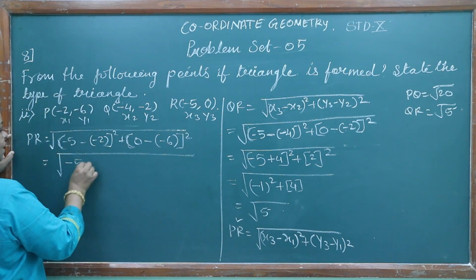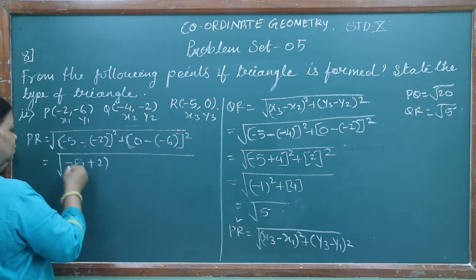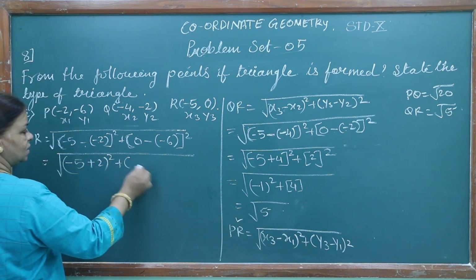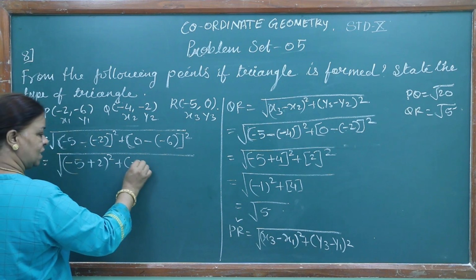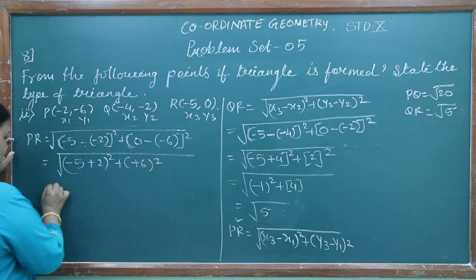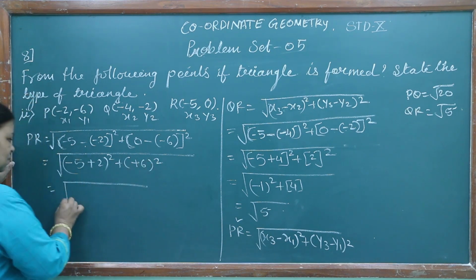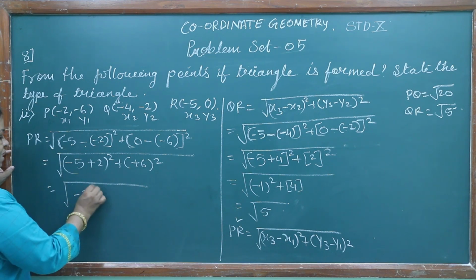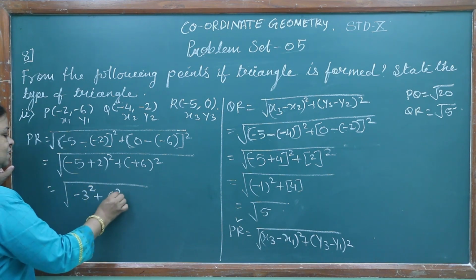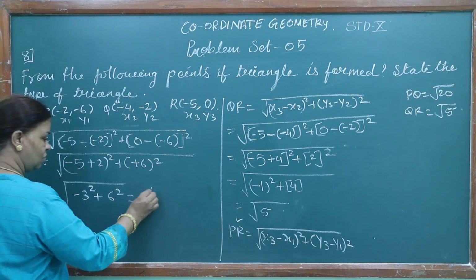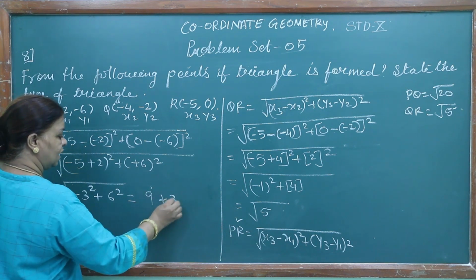Now minus 5 minus minus plus 2, the whole square, plus minus minus plus 6, the whole square. Now minus 5 plus 2 is minus 3, the whole square plus 6 the whole square, which is equal to 9 plus 36.